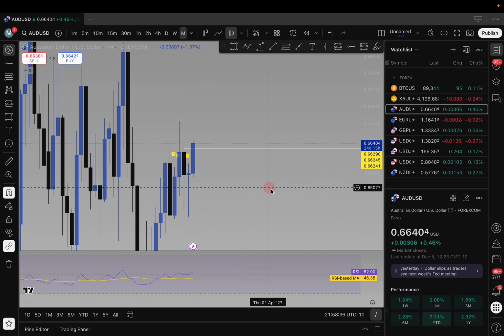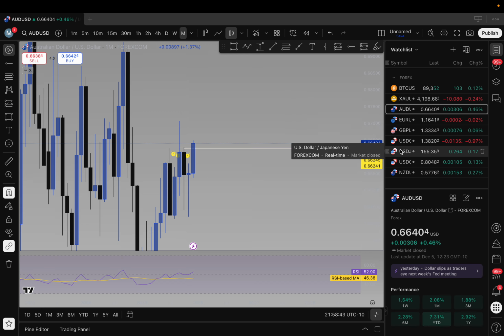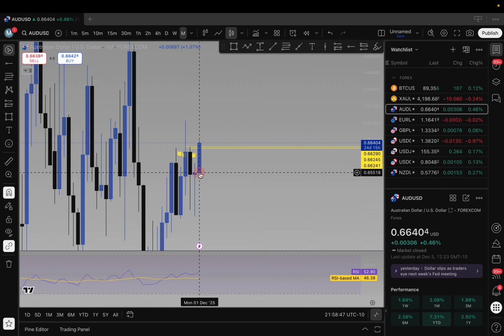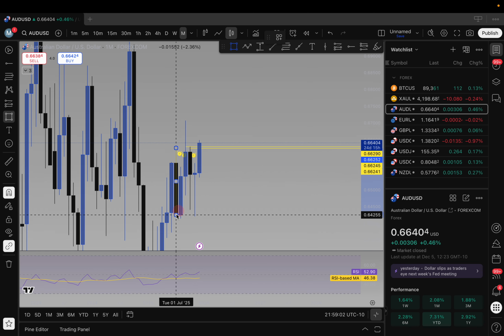So let's start on the monthly on the Australian dollar USD, right? So the monthly is looking like, we are on this theory candle.